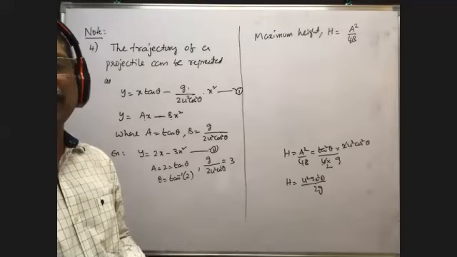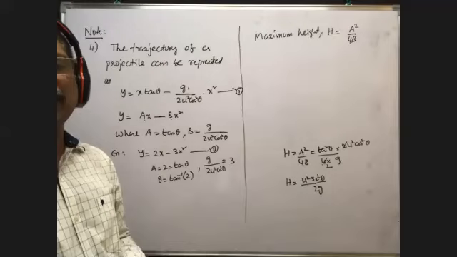Now, after t seconds, whenever the oblique projectile reaches the point here, the horizontal component of velocity vx is equal to u cos theta or v cos alpha. Next, at the same time, what is the vertical component of velocity after t seconds at point P?